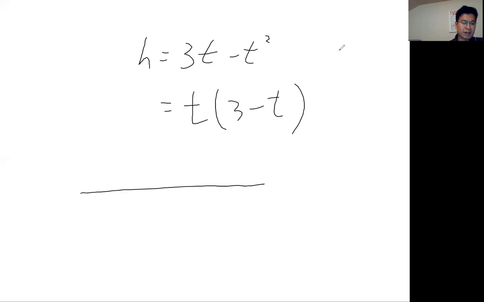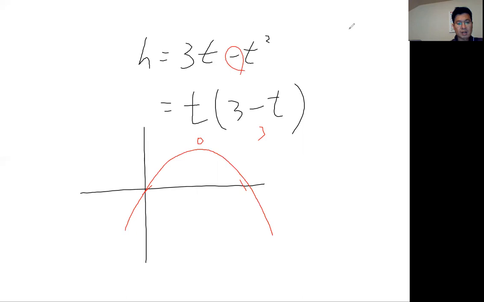Then you can see the two roots are 0 and 3. Since the leading term is negative, the graph opens downward, so the maximum has to be between these two roots, at 3 over 2. So you can plug 3 over 2 in: 3 times 3 over 2, which is 9 over 2, minus (3 over 2) squared, which is 9 over 4.